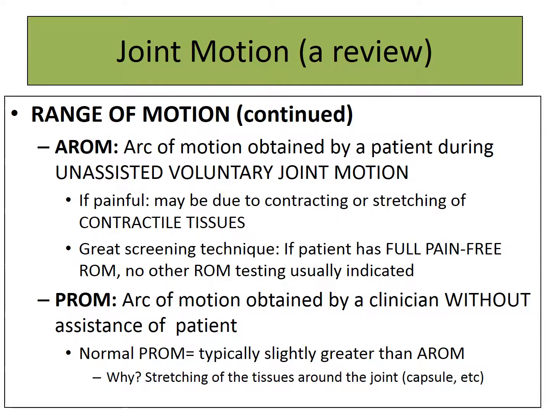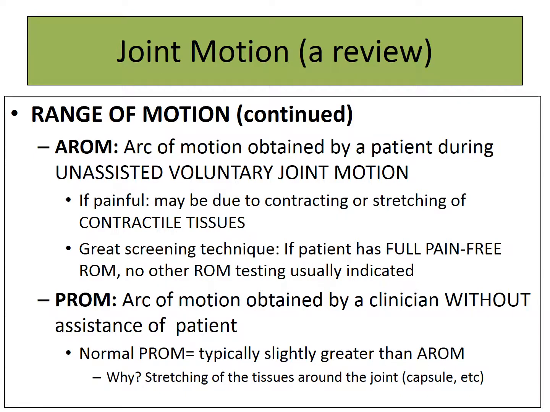If it is painful both when they move it actively by themselves and when you move it passively, then you start to think of it as being inert or non-contractile tissue. Maybe it is ligament, maybe it is the joint surfaces itself. So this can really be a great screening tool.